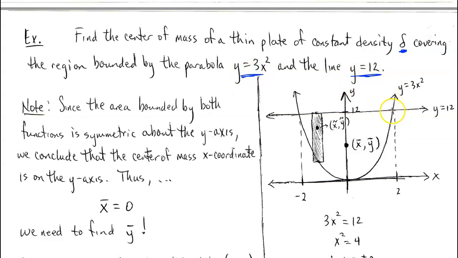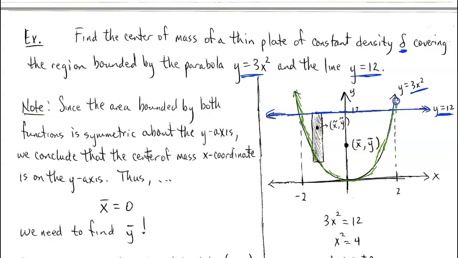Okay, and so you see we have the line y equals 12 here, parabola here. So this line y equals 12 is here. And of course, our parabola, I'll draw that in a different color, will be here.